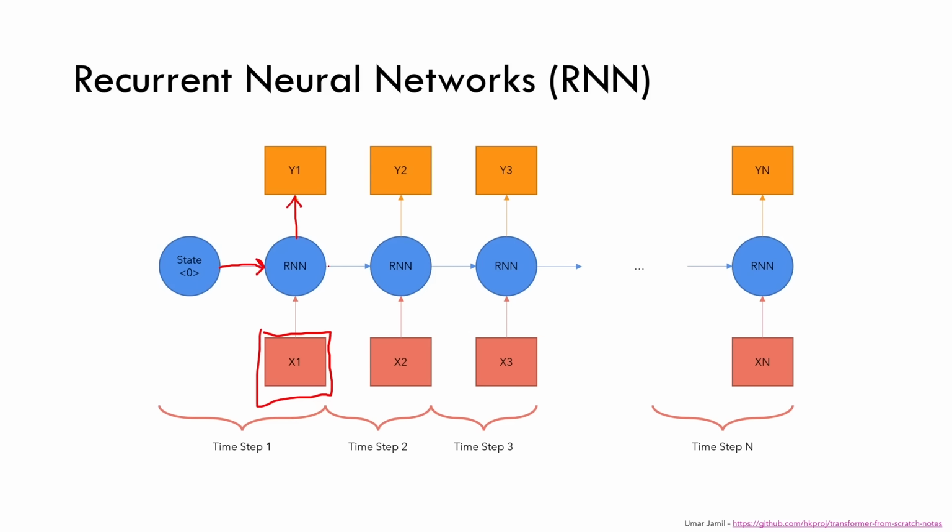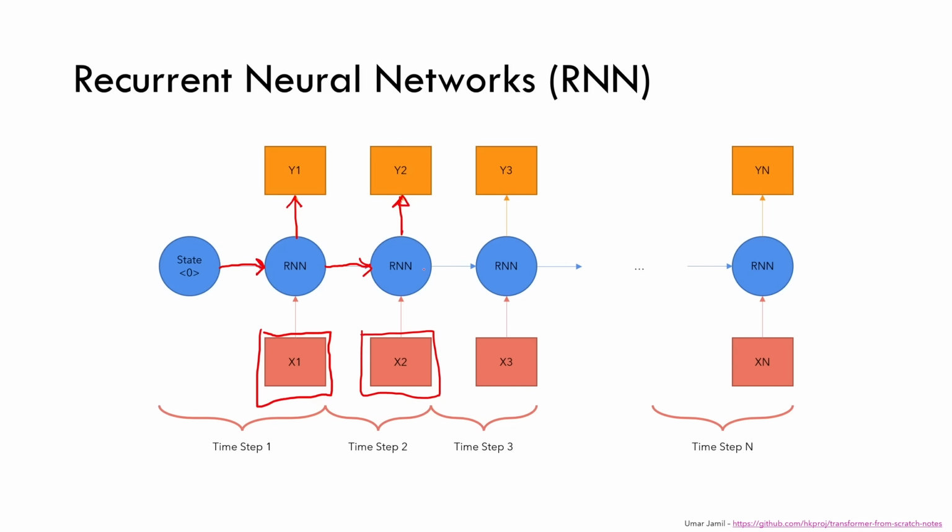Then we took the hidden state of the network from the previous time step, along with the next input token, X2, and the network had to produce the second output token, Y2.